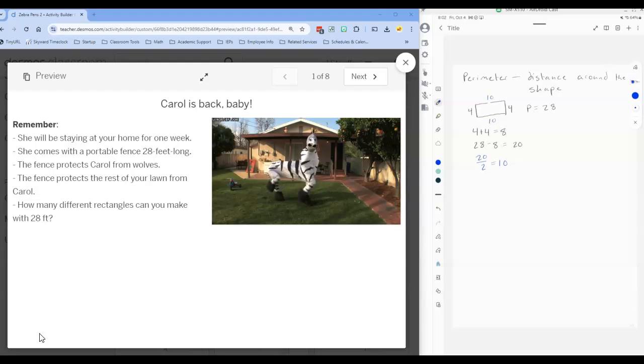But we are most interested in area of these rectangles because Carol's got to have room for her amazing dance moves. So to calculate area, we need to do length times width.